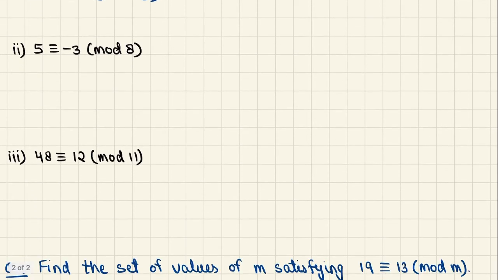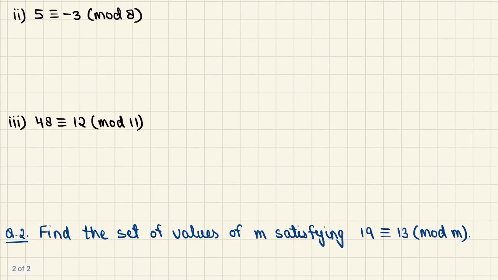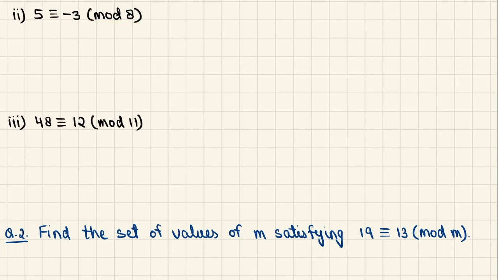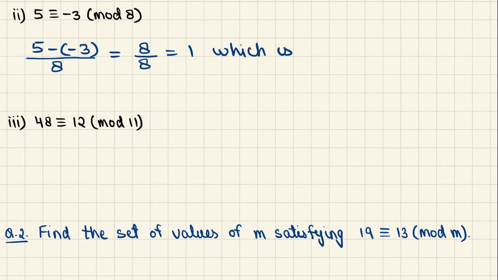Let us check the other one. The other one says 5 is congruent to minus 3 mod 8. Let us see. 5 minus of minus 3 divided by 8 gives you 8 upon 8, that is 1, which is an integer.